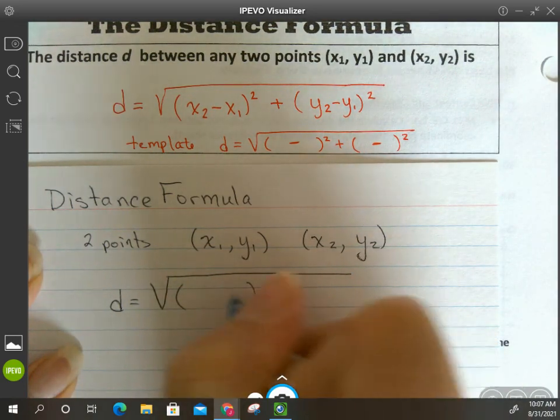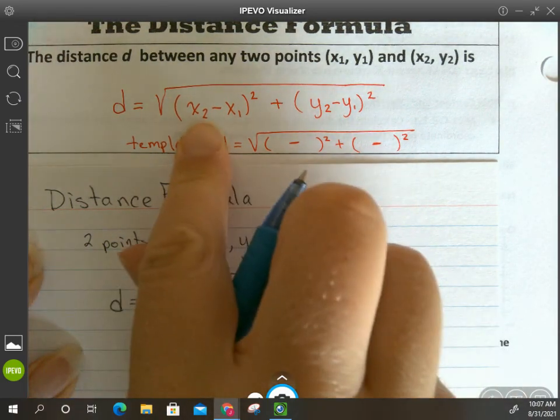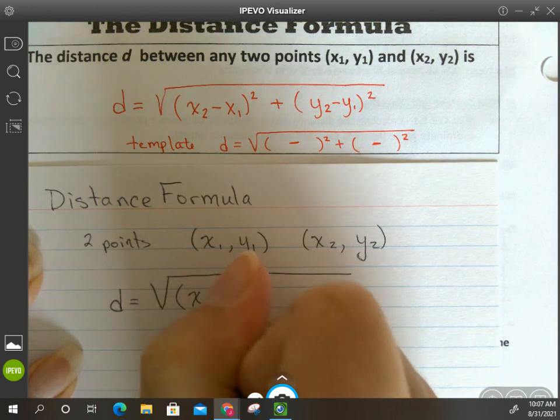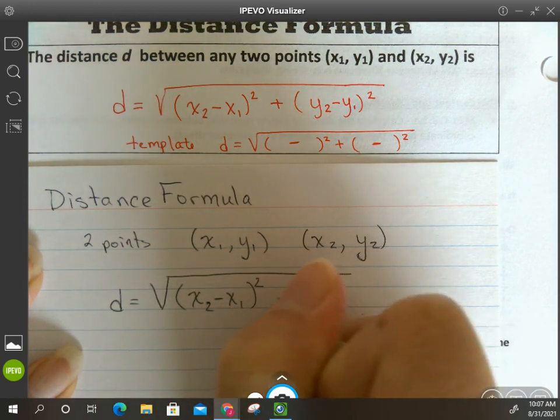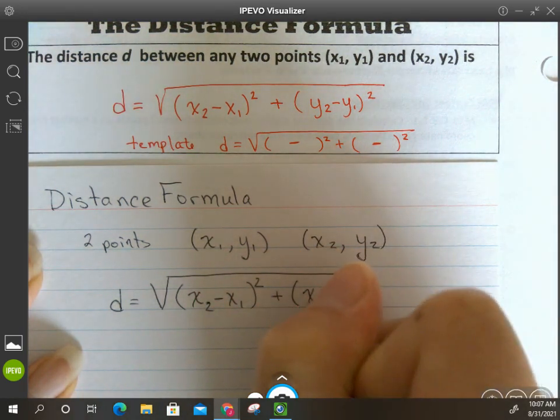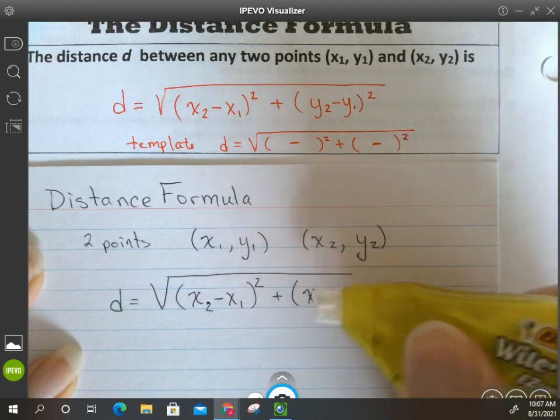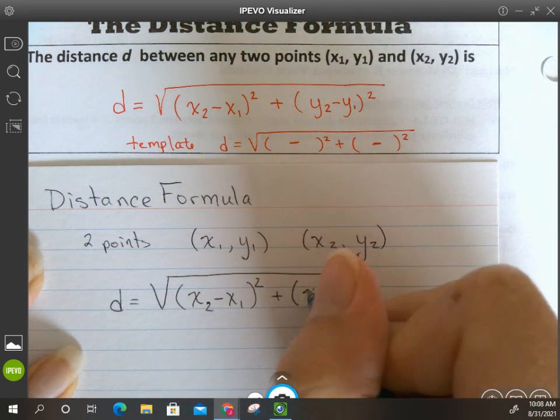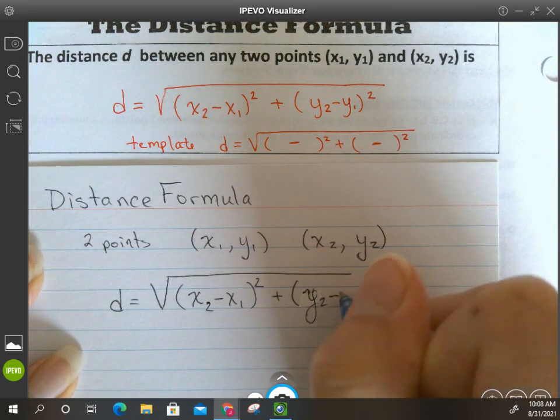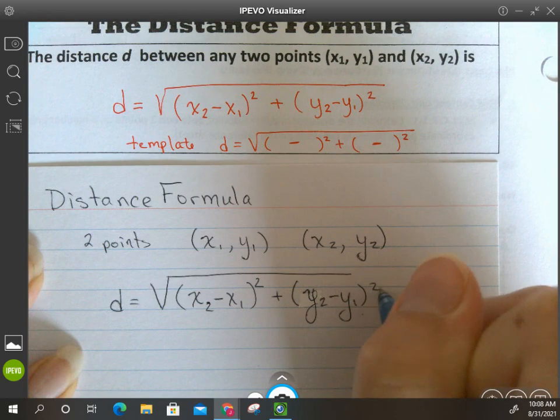So I'm going to fill the whole thing in. It's going to be, I'm just copying it from here, x2 minus x1, don't forget the power, plus y2 minus y1. So you guys can be just pulling it right off of your note sheet or copying it from the board. y2 minus y1, and again, square it.